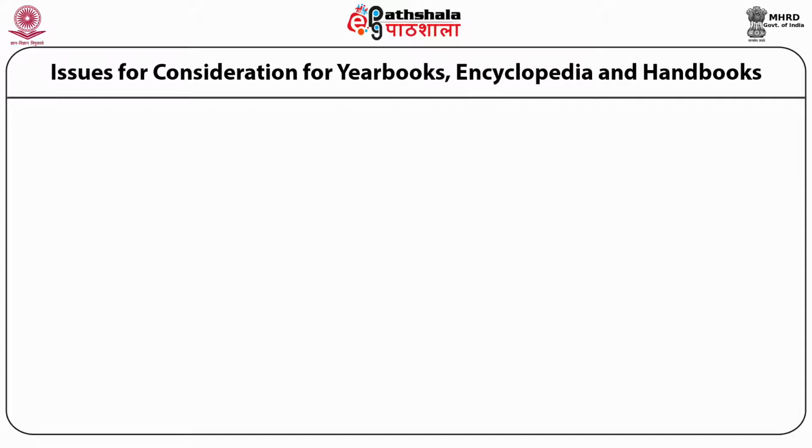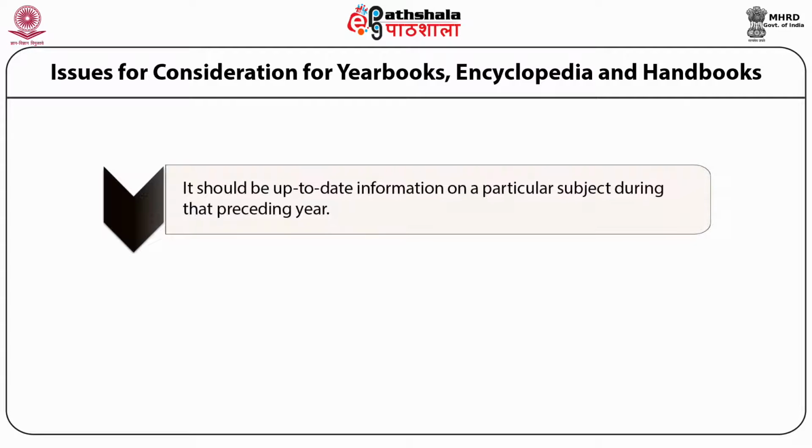Issues for consideration for yearbooks, encyclopedias, and handbooks. So, what are the important issues associated with these kind of publications? The first issue is that these publications should be up to date, and have information which is current on a particular subject during that preceding year.